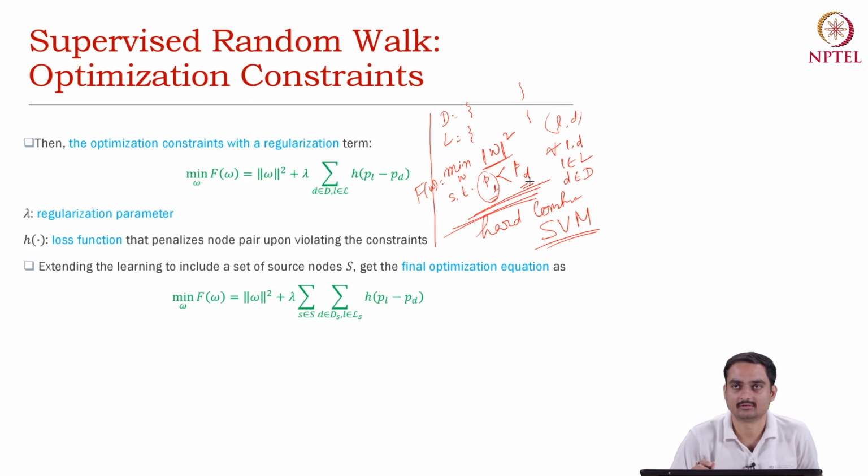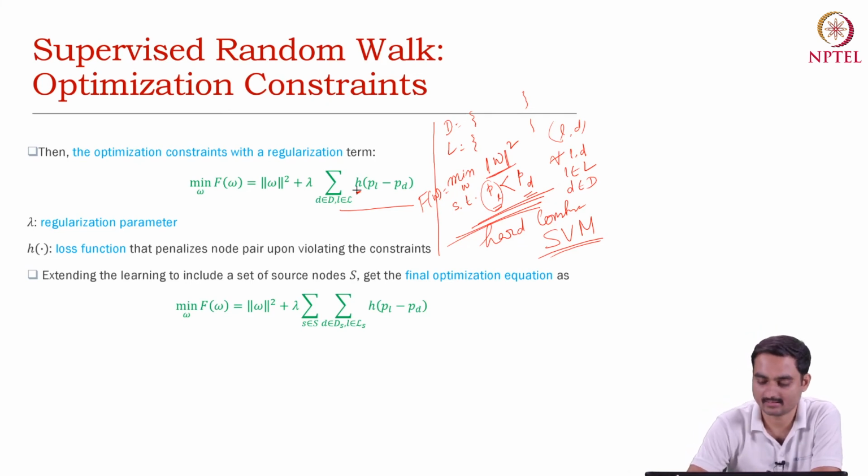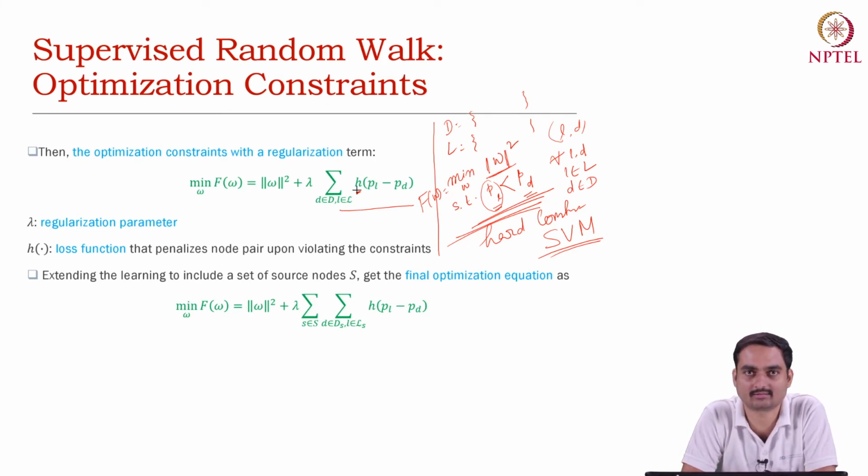Okay. So the way we calculate soft margin in case of SVM, we do the same thing here. So we define a loss function. So this H is the loss function, okay, and what does it do?